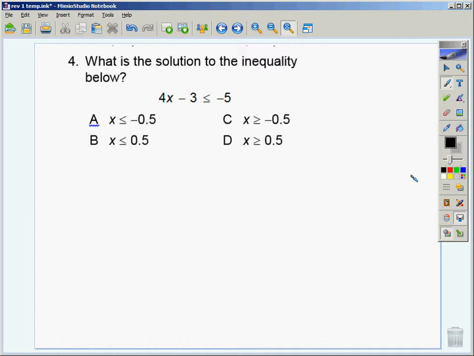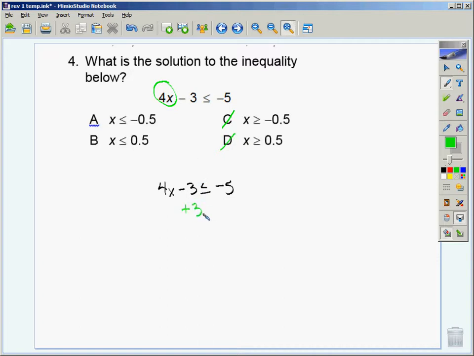Number 4, when I go to solve this, in general, when I'm dealing with inequalities, when I look at this variable, I notice the value in front of it is positive. So my inequality is not going to change directions. So I could have immediately eliminated C and D as choices.